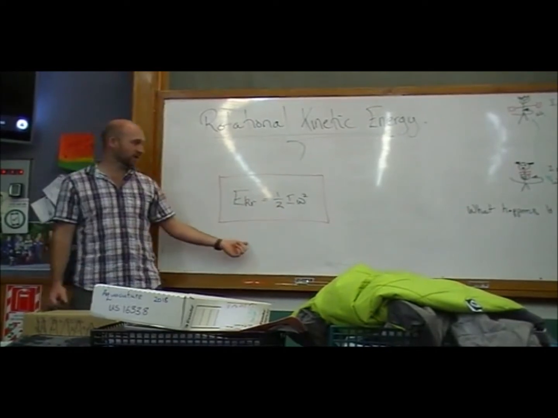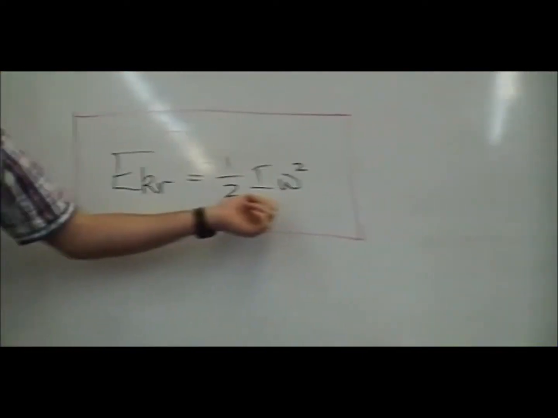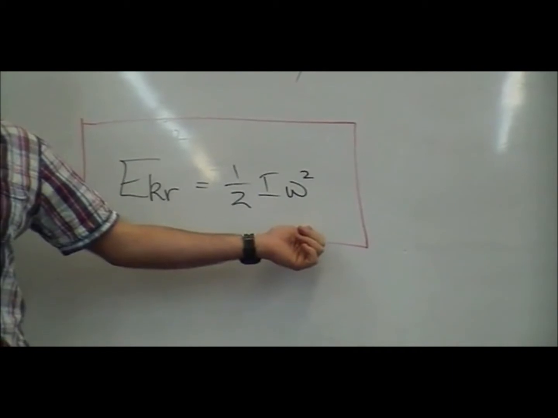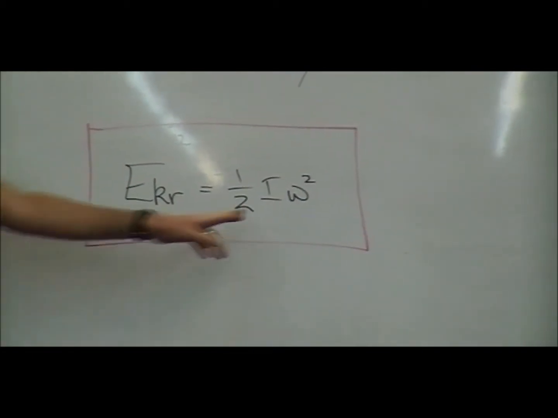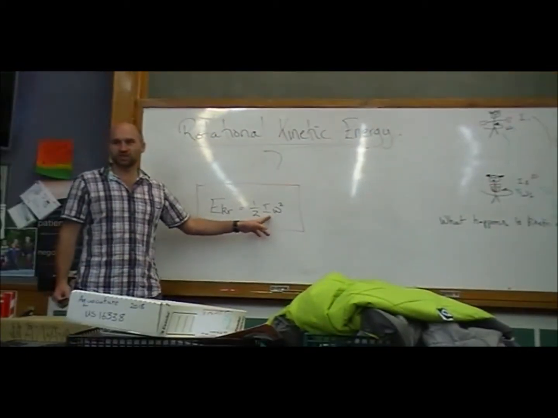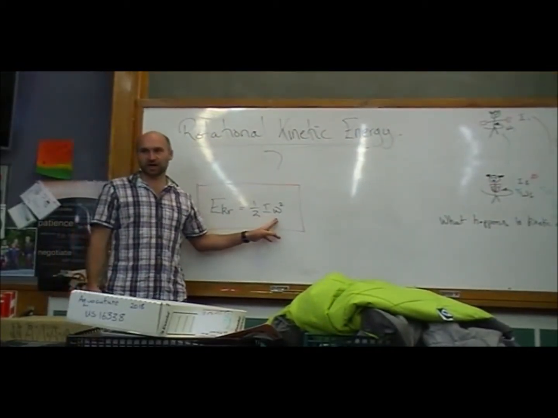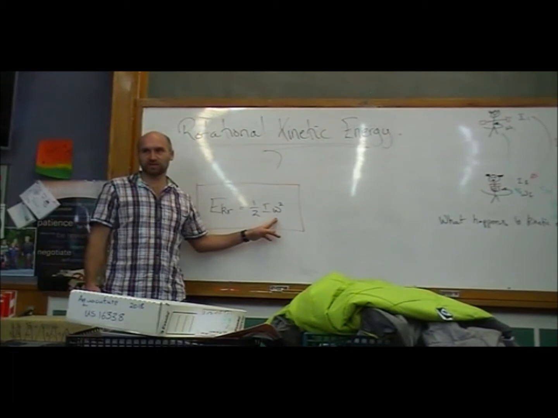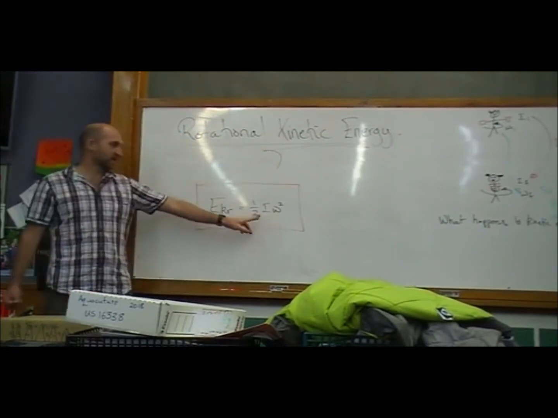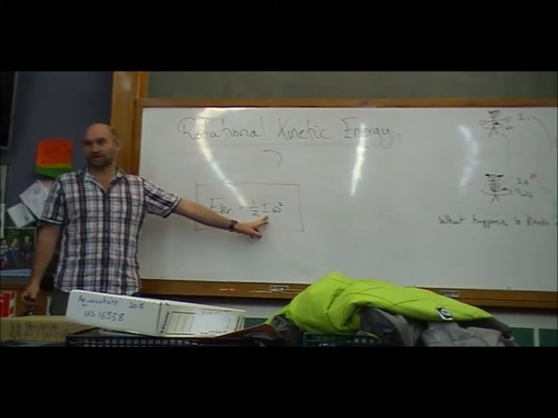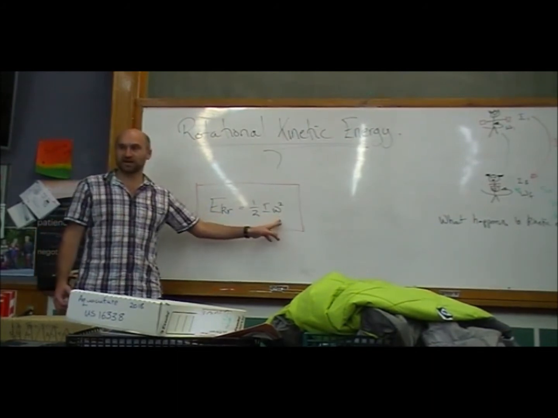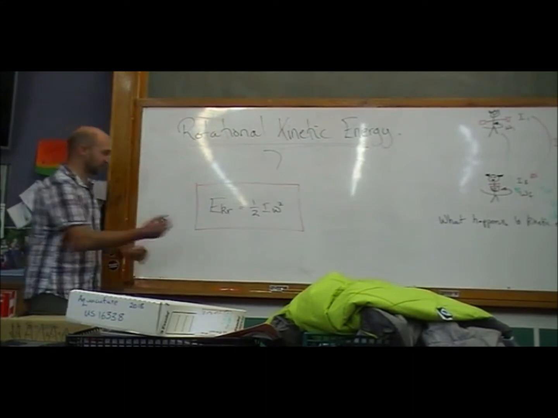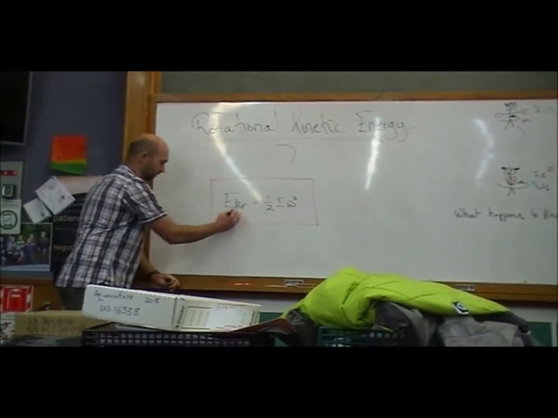The rotational one, we swap mass for inertia and we swap angular velocity for normal velocity. We've got exactly the same equation, and it works out because it used to be speed squared, which is meters squared per second squared. Now we've got the meters squared in the inertia, and the per second squared in our angular velocity. So same equation.